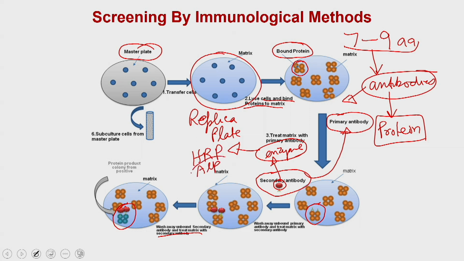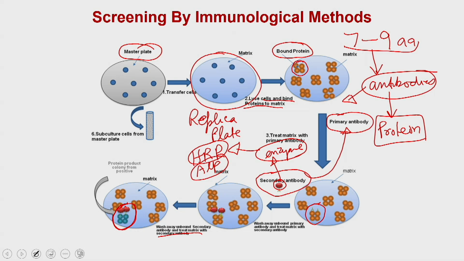Based on whether you are using horseradish peroxidase or alkaline phosphatase, you use the corresponding substrate, which is processed by the enzyme present on the secondary antibodies, and the substrate is then precipitated at the site of these clones.